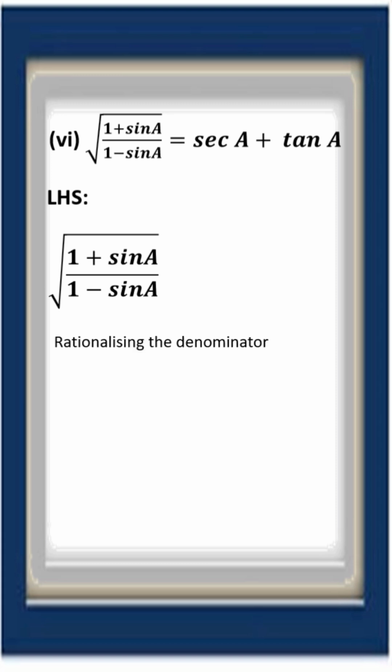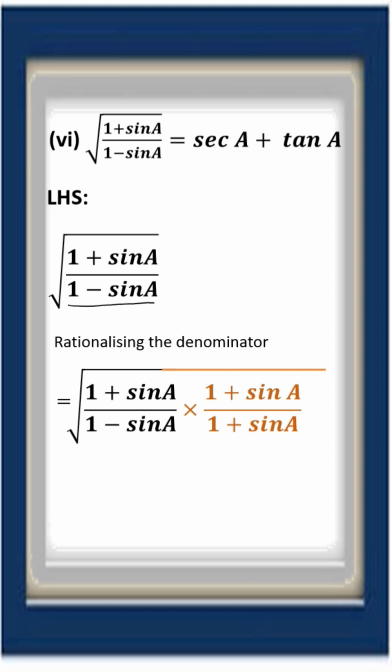So now let us rationalize the denominator. What is the rationalizing factor? In the denominator we see 1 minus sin A, so 1 plus sin A is the rationalizing factor. So now let us multiply both numerator and denominator with 1 plus sin A.